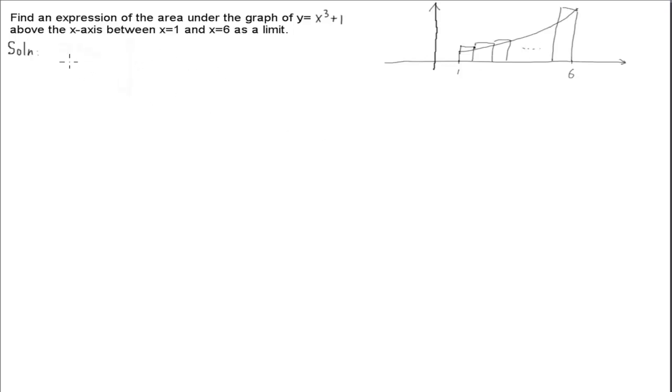Let's first write down the area. It is the limit as n goes to infinity, where n is the number of these rectangles. We write a1 plus a2 and keep going to an.